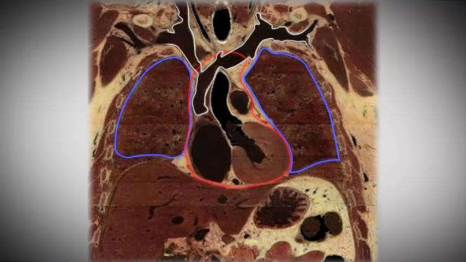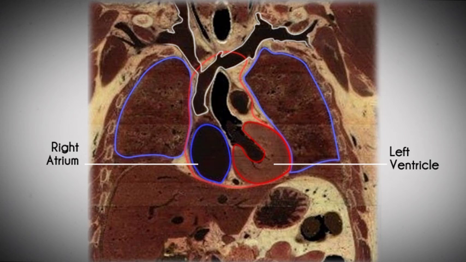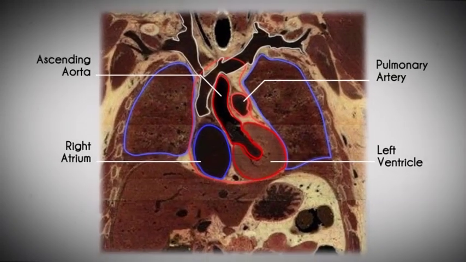Notice also how the right atrium forms a part of the patient's right heart border, how the left ventricle forms a portion of the patient's left heart border, and the location where the ascending aorta comes up. Also recognize the relative location of the aortic knob or arch and the pulmonary artery.